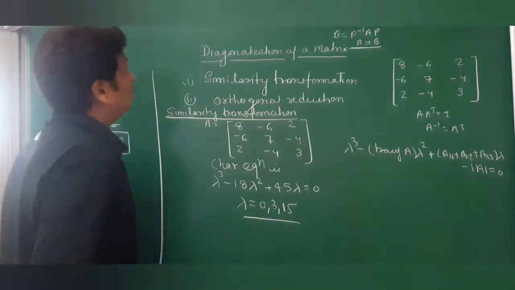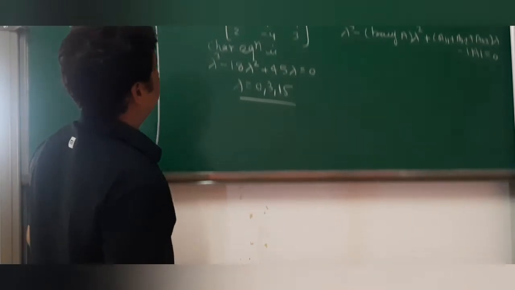So for lambda equal to 0, what is the equation? (A minus lambda I) x is equal to 0.